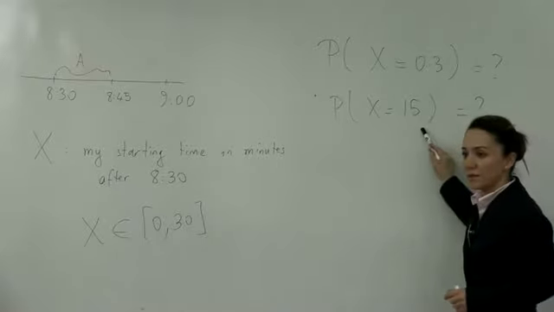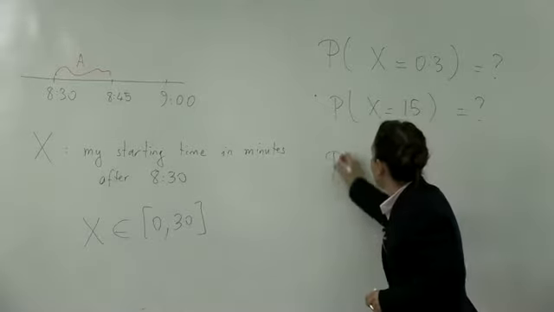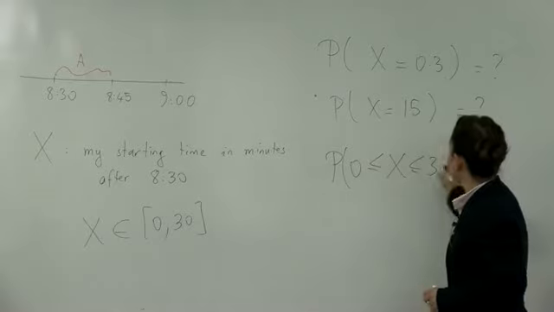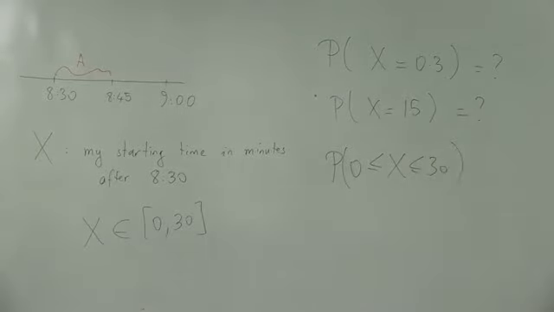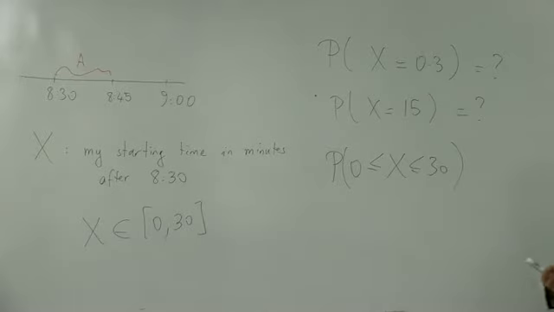Then what would happen? What is the probability that X is between 0 and 30? That will be the sum of all those values. How can it be 1 if all these values are different from 0?